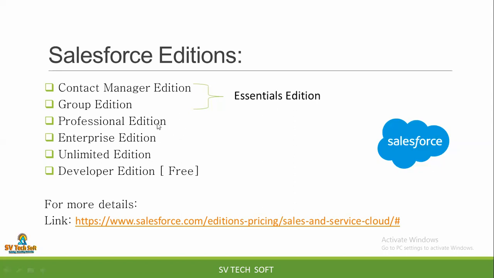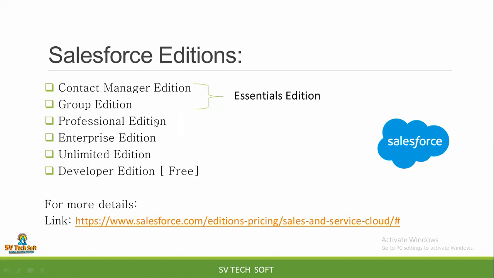But if you purchase Professional Edition, you will get CRM as well as limited development. Limited development means you can create Visualforce, but you cannot create any Apex class, nothing. You cannot do any further development. Just standard functionality only.